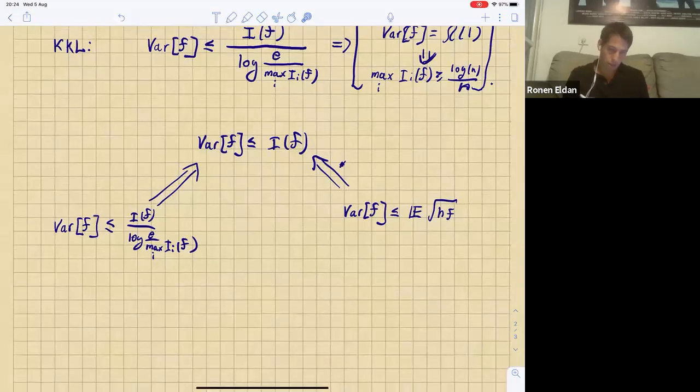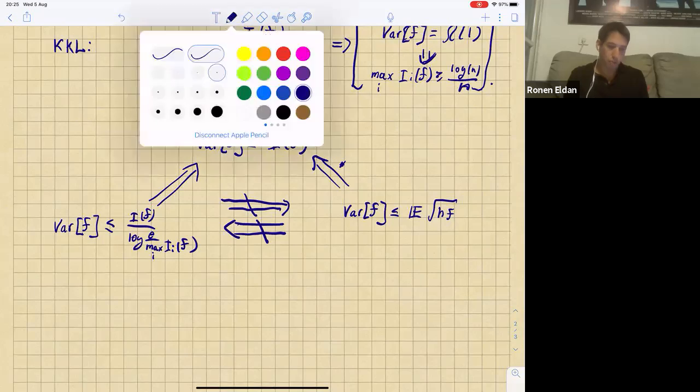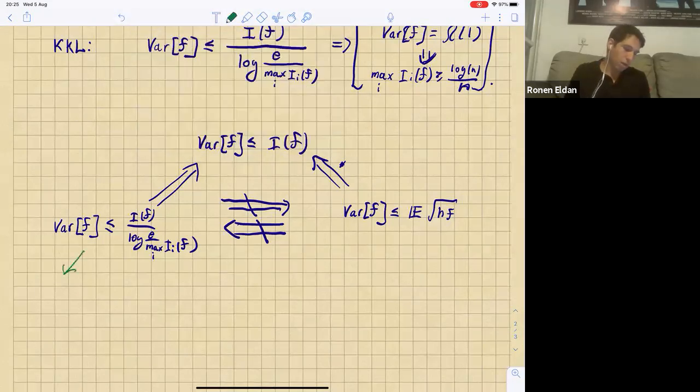And as we said, these two things are kind of orthogonal to each other, and none of them is stronger than the other. So none of these two implications are correct. This is tight for weighted majorities. This is pretty bad for weighted majorities. If you check this on majority, you'll see that it misses again by something like root n. Instead of root n, it'll miss out by root n over log n. So it's pretty bad, but this is sharp for something called tribes.